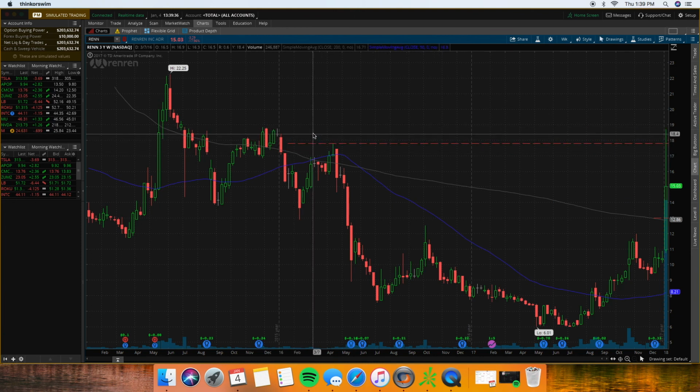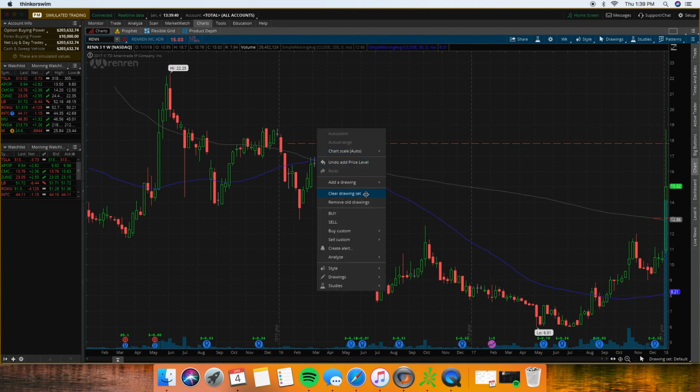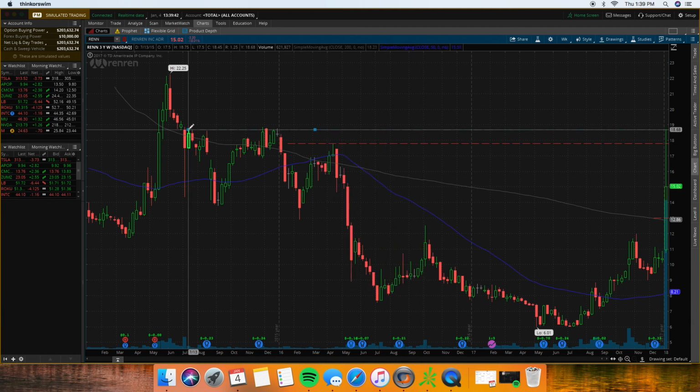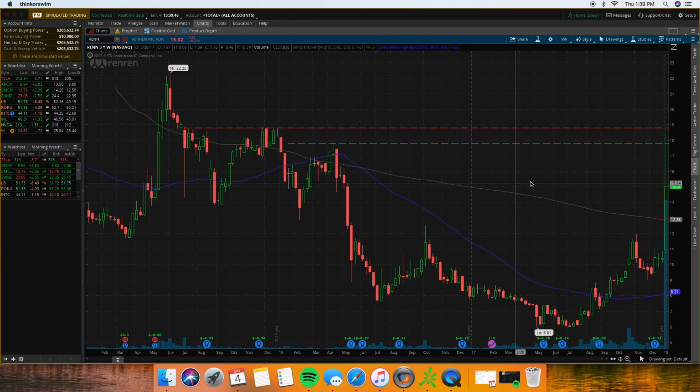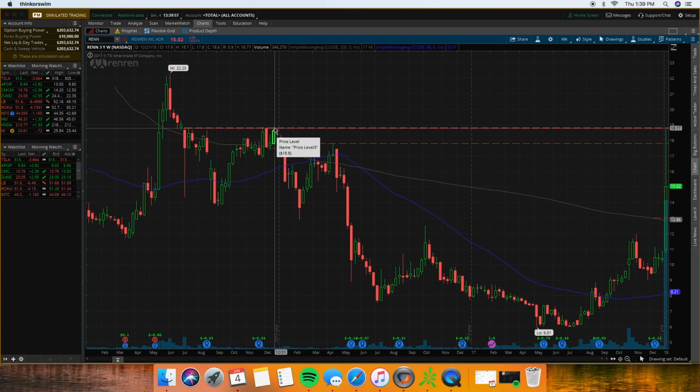And if you keep going up, you'll see here it touches several times here at the 18.89. Right around here. So just get as close as we can. And if you notice, it actually went up all the way up to the 18.80 mark, because it's a level that it's previously touched and it was not able to break.